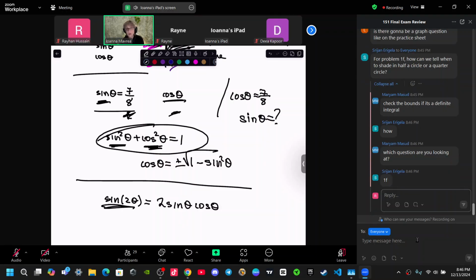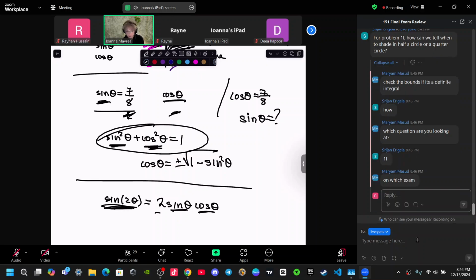Can I find sine of 2 theta? Yes, I can. If I have sine and cosine, I can find sine of 2 theta. It's this formula. So yes, you need to know this formula. Oh, so many people answering so correctly. Good.